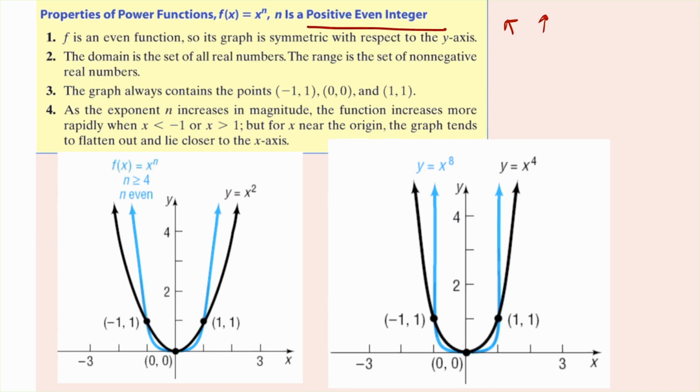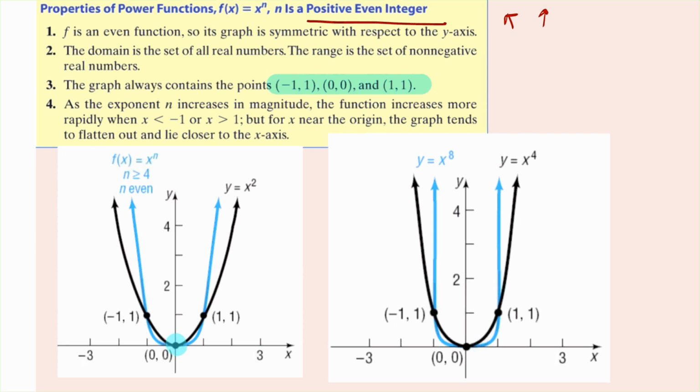The difference between a function like y equals x squared and y equals x to the fourth is highlighted in these graphs. One thing I want to point out is that if it's not stretched horizontally or vertically, they'll all go through 0, 0, negative 1, 1, and 1, 1. Because if you're taking a number 0 to any power, it's still 0.